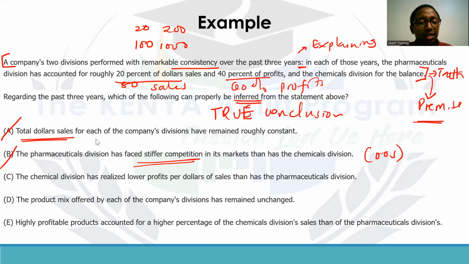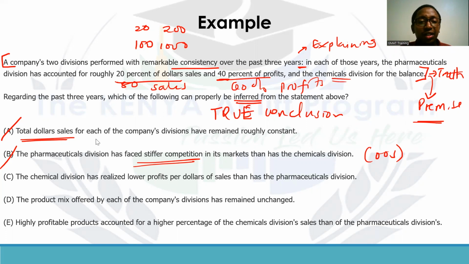C, the chemical division has realized lower profits per dollar sales than has the pharmaceutical division. So this is actually on point, because we can see if it's 40% of profits and just 20% of sales, this means that a lower percentage of sales is making more profits than the chemical division.